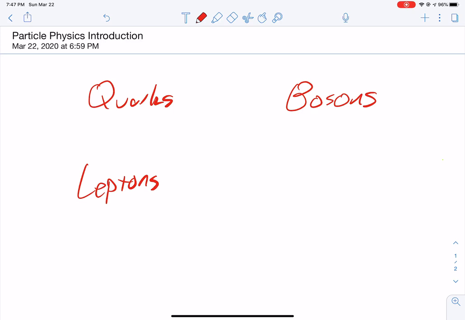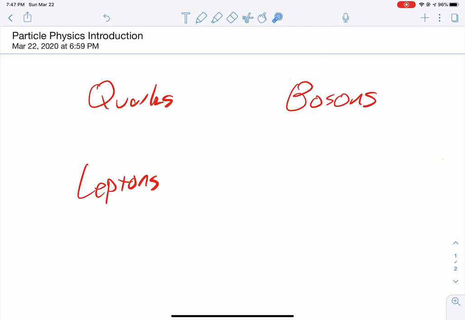Now, the quarks and the leptons are the particles that you describe as particles. They're things with mass. For example, the electron is in this category. All protons and neutrons are made of quarks and leptons, all that kind of stuff. The bosons are force carriers.